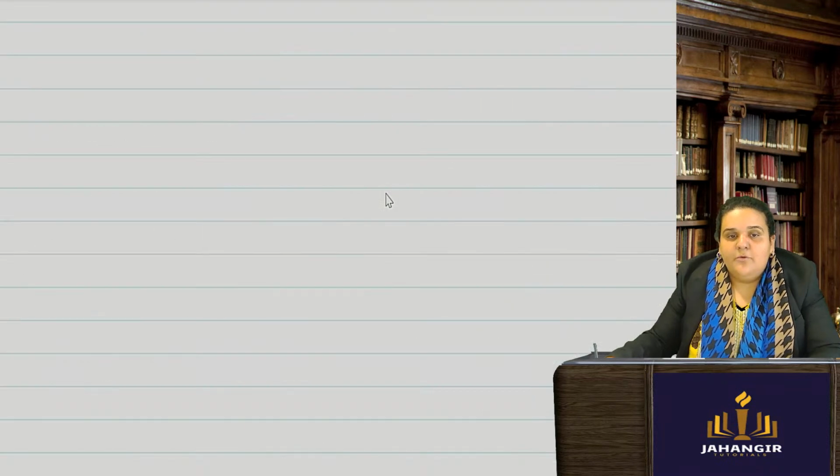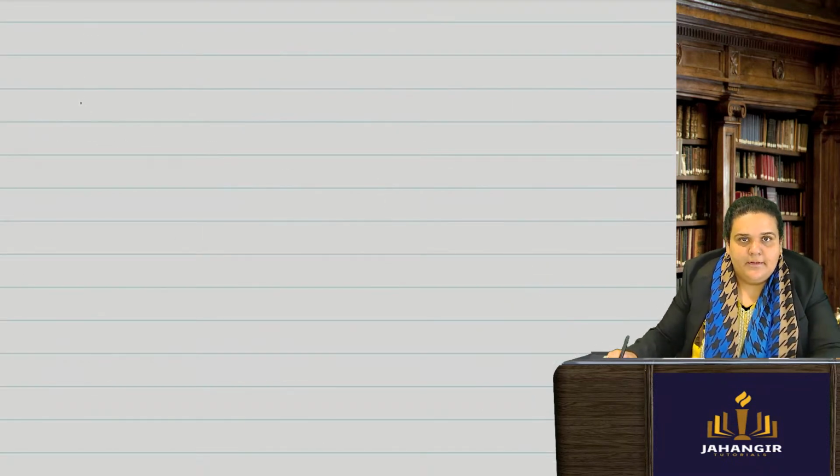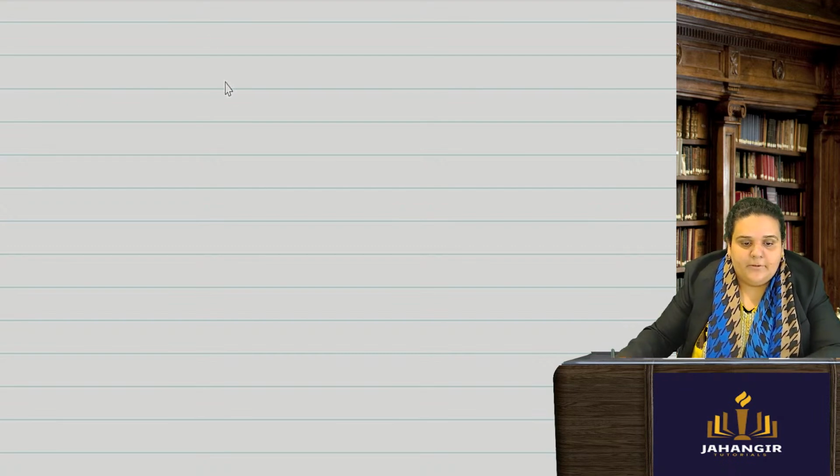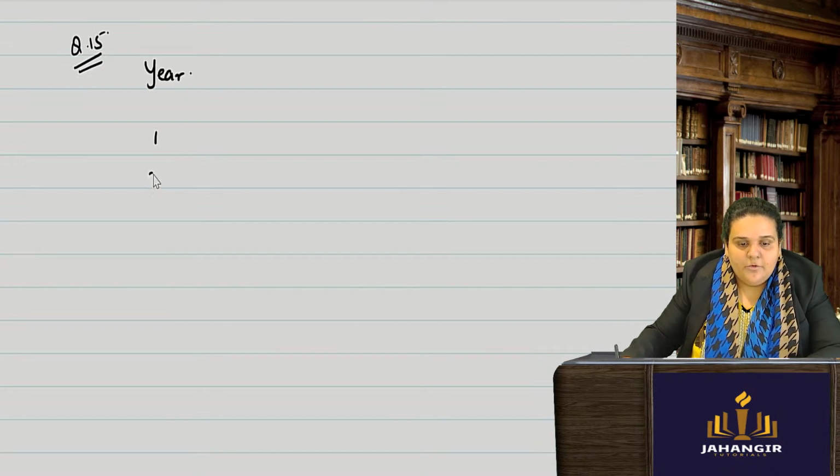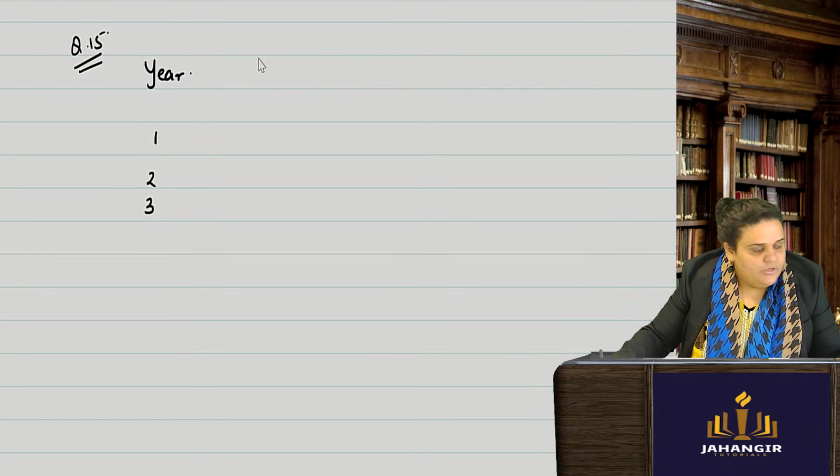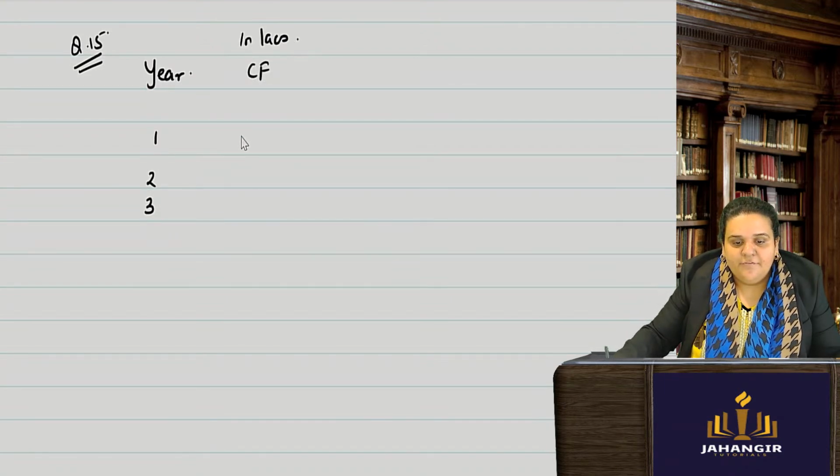Now again I had told you, whenever they have given you the probability ratio, you have to multiply your cash flow with that probability. Okay, so question number 15. Here they have given me years 1, 2 and 3. They have also given me my cash flows in lakhs: 500 lakhs, 1200 lakhs and 1500 lakhs.